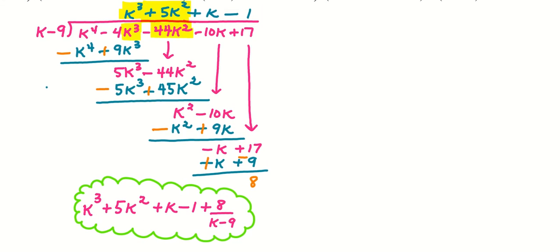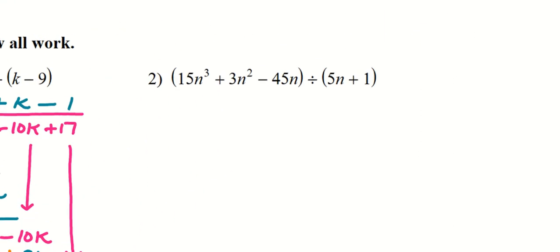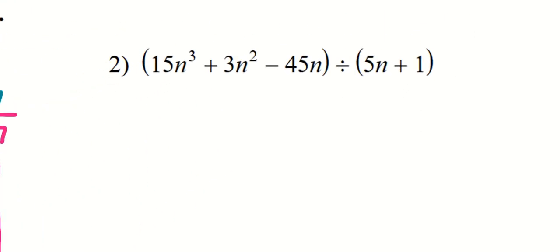So that's my first example. I have one more to show you that's a little bit maybe messier. We'll take a look at it. We're going to divide by 5n plus 1, so we want to put that on the outside.